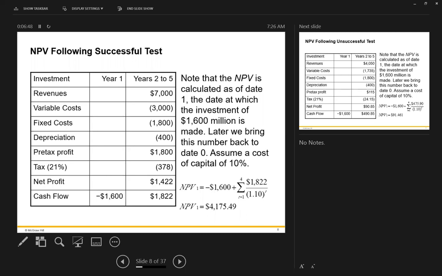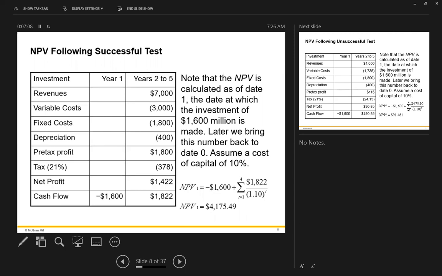So they expect revenues of, say, 7,000, should be 7 billion, variable costs will be 3,000, fixed costs will be 1,800, and depreciation on that initial investment will be 400.